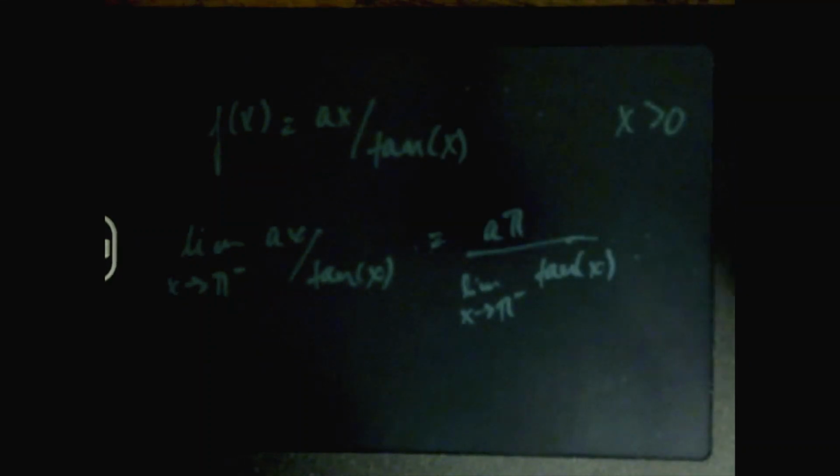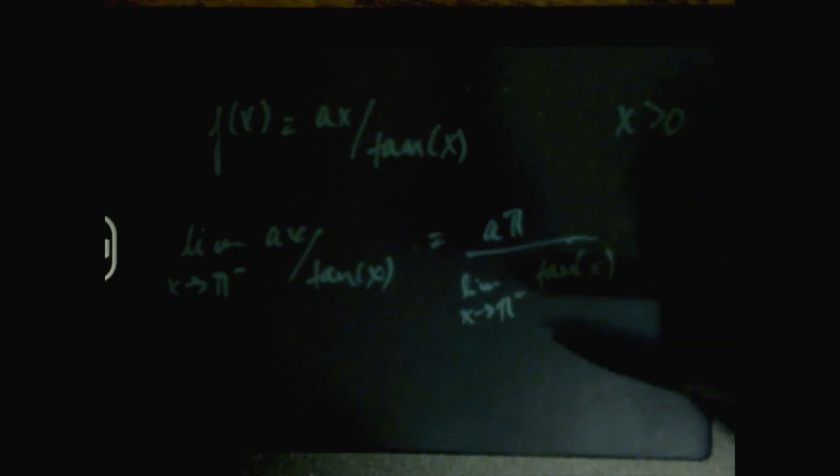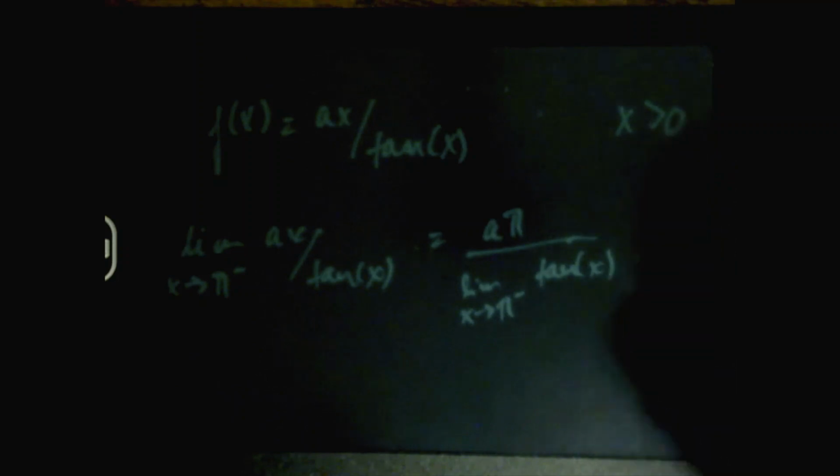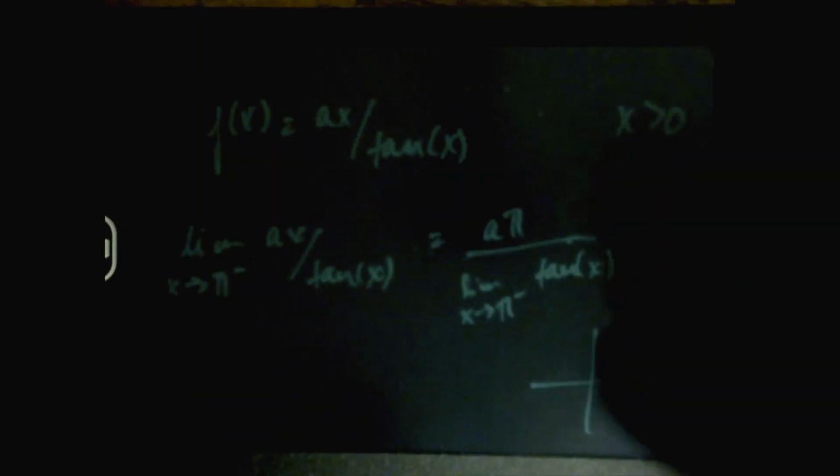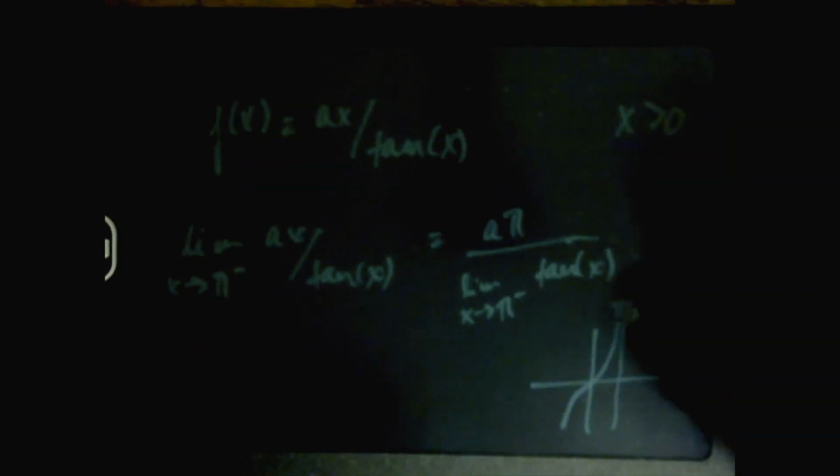tan of x, right? And if you notice, for x at pi, the curve of the tan of x actually looks something like this. What does it look like? Like this. This is the asymptote at pi over 2. Then it goes like this, right?